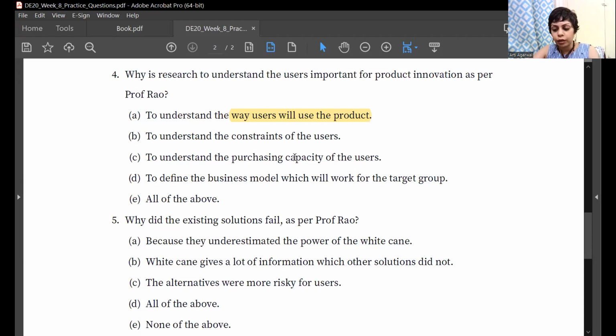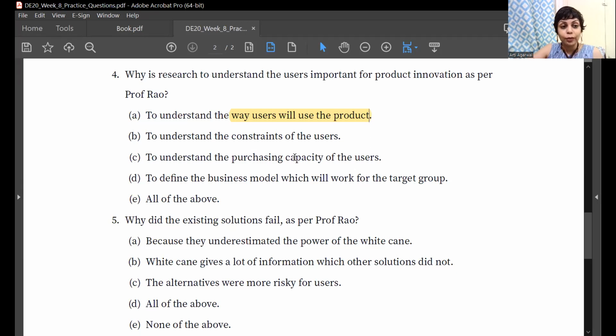So for example, he's talking about going from the white cane to this ultrasound torch, right? That torch is, of course, physically very different from a cane. And secondly, the cane can be used for many things, right? I'm just thinking off the top of my head, but if there is some object, with the cane, you can just touch the object and get a sense of whether it is soft, whether it is hard, how big it is.